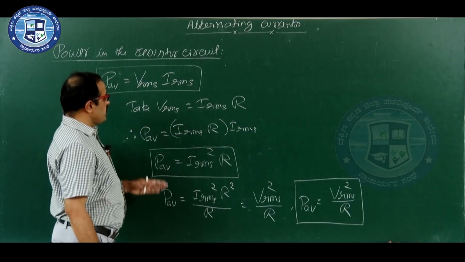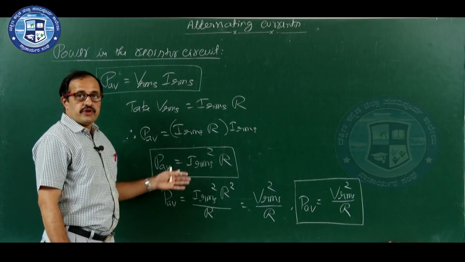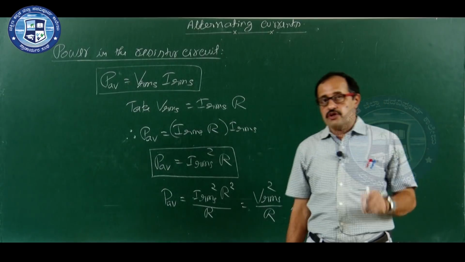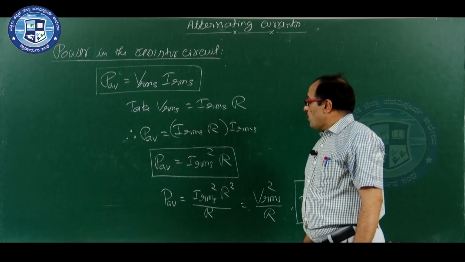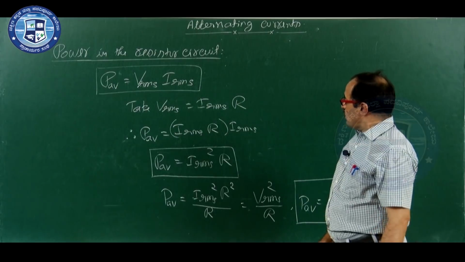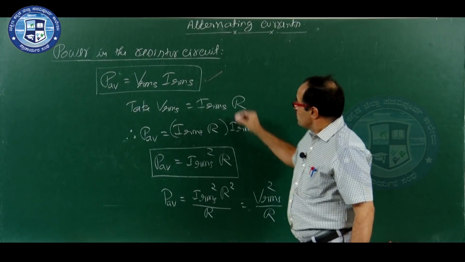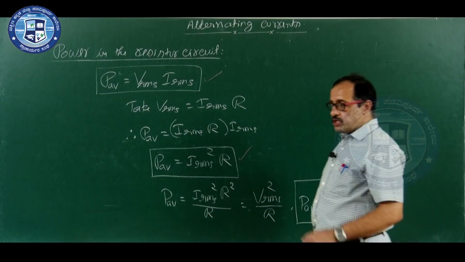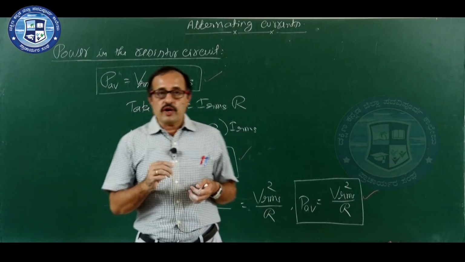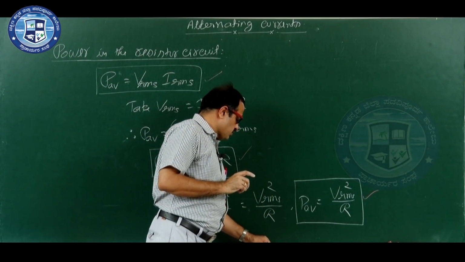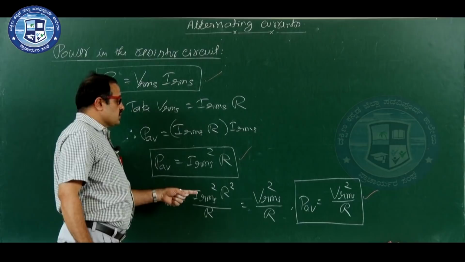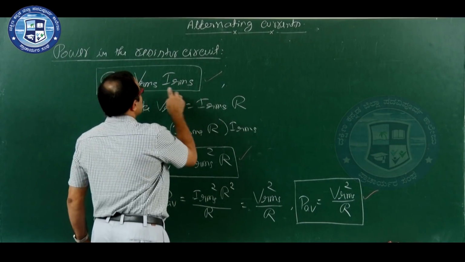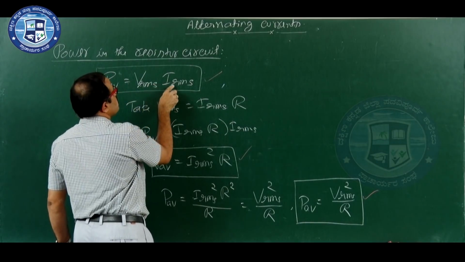Therefore, there are three different equations to calculate average power consumption when AC flows through the pure resistor. Now, if you see all three equations, we feel that we know them, because in current electricity we have got a formula to calculate power consumption, and these three equations are similar to those three equations. For example, P average is equal to VRMS and IRMS.